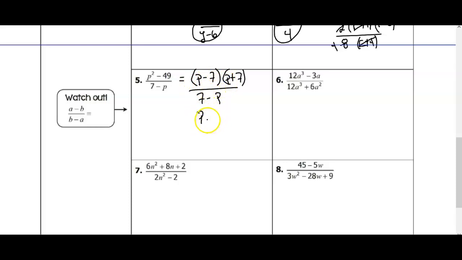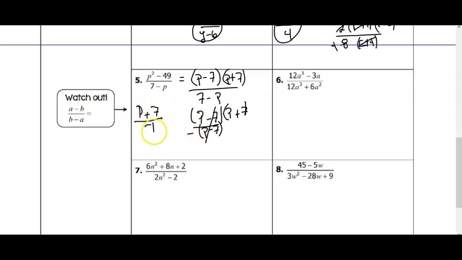So what I have is p minus 7 times p plus 7, divided by negative 1 times p minus 7. So by factoring out the negative, I flipped them. Okay, they cancel out. So what I'm left with is p plus 7. And it's a negative 1 down here.